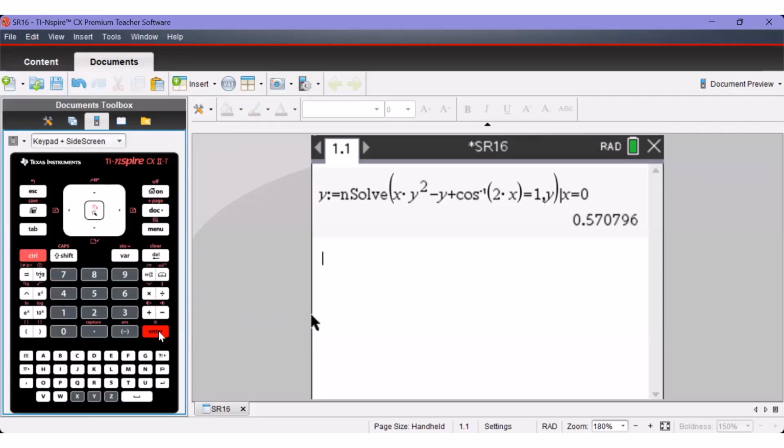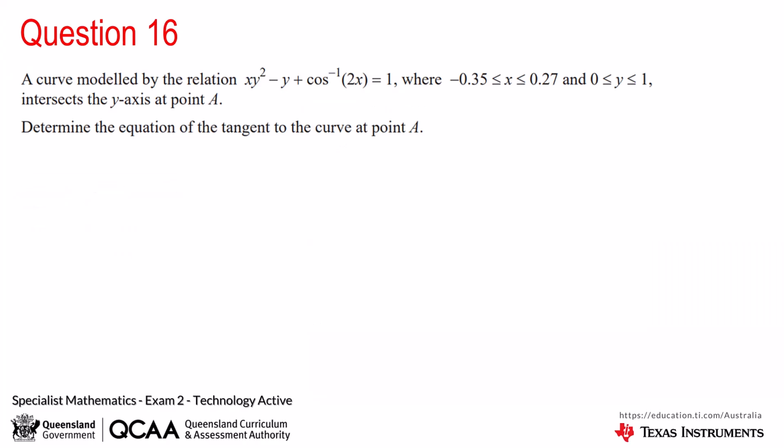The next part of the solution plan does not involve the calculator, it involves by hand mathematics. And what we need to do here is, given that relation, we need to use implicit differentiation to find dy/dx, and then rearrange our expression to make dy/dx the subject.